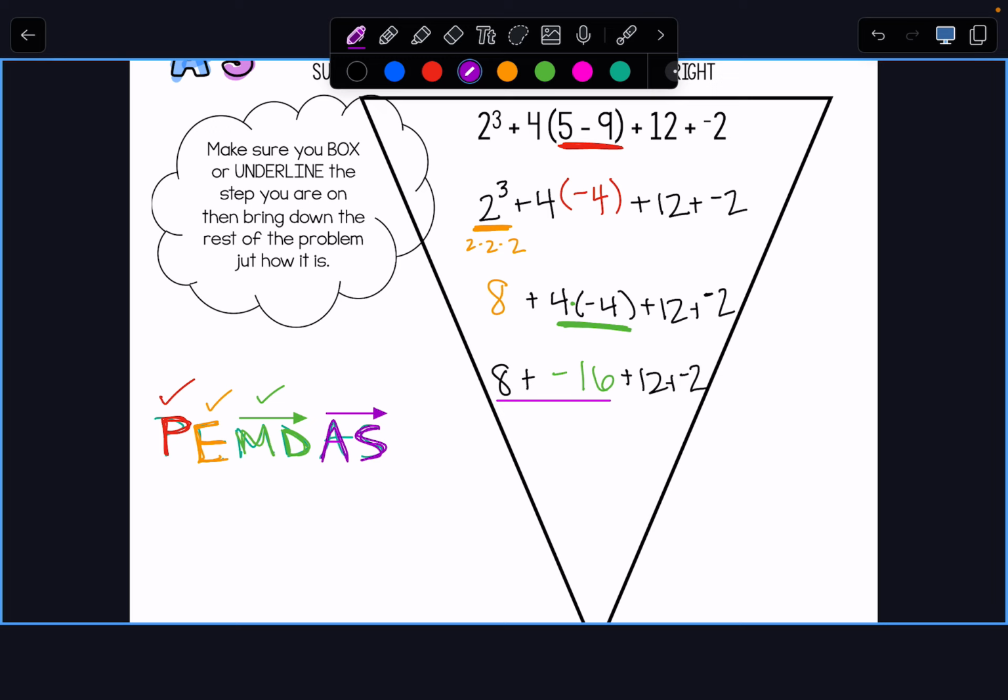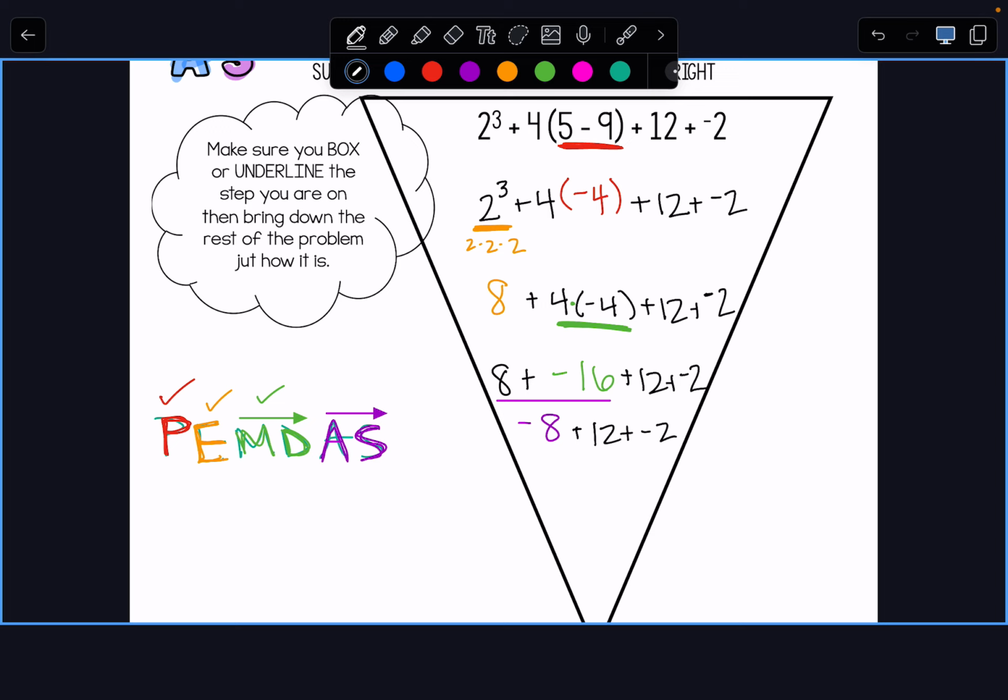Negative 8. And then we're going to copy down the rest that we didn't use. Do you see how it's easy to see what I didn't use because I'm underlining the operation that I'm doing? So I know what numbers to bring down.